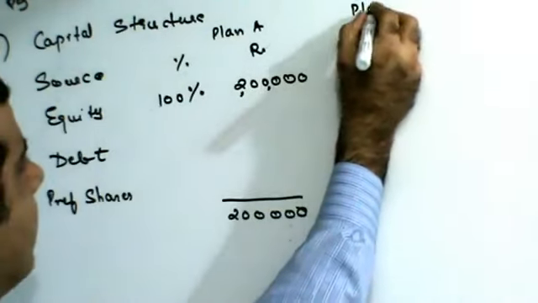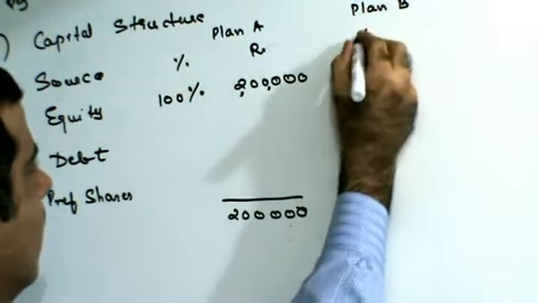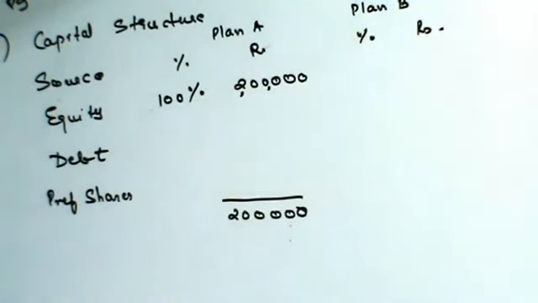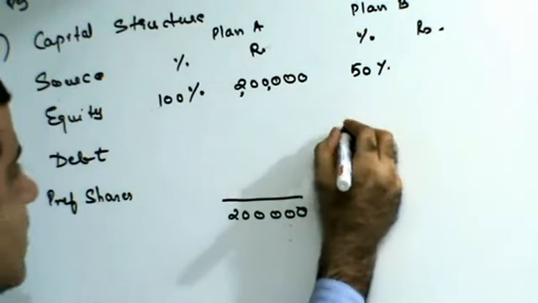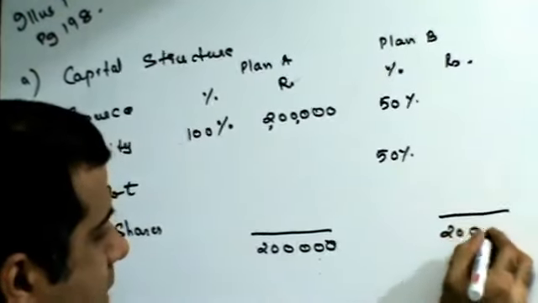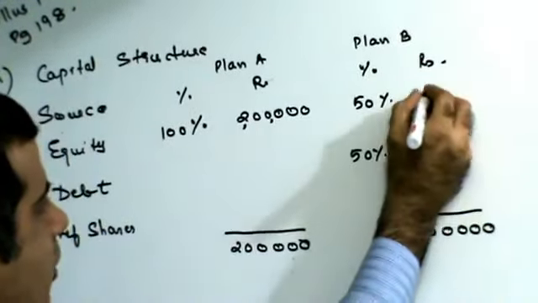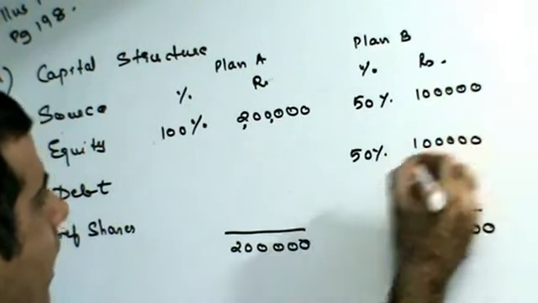Plan B. Percentage, rupees. Plan B is equity is 50% and debt is 50%. Total amount required is 2 lakhs. So in that case this is going to be 1 lakh and this is going to be 1 lakh.